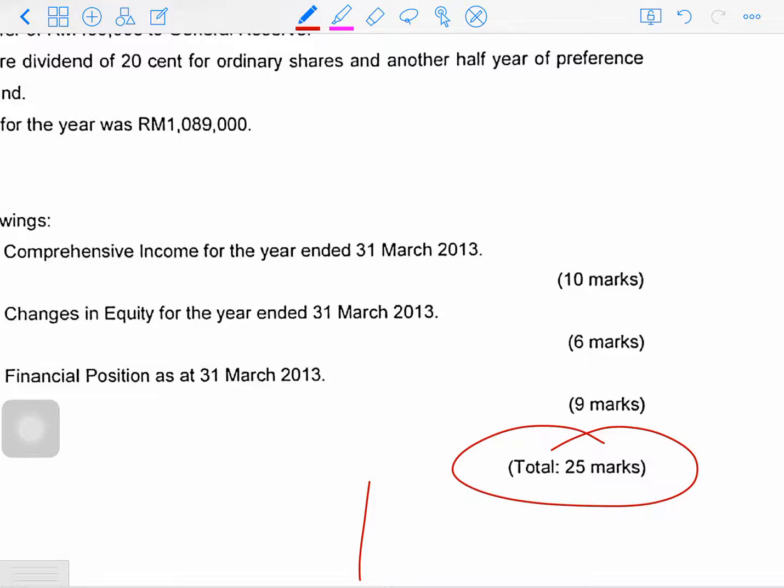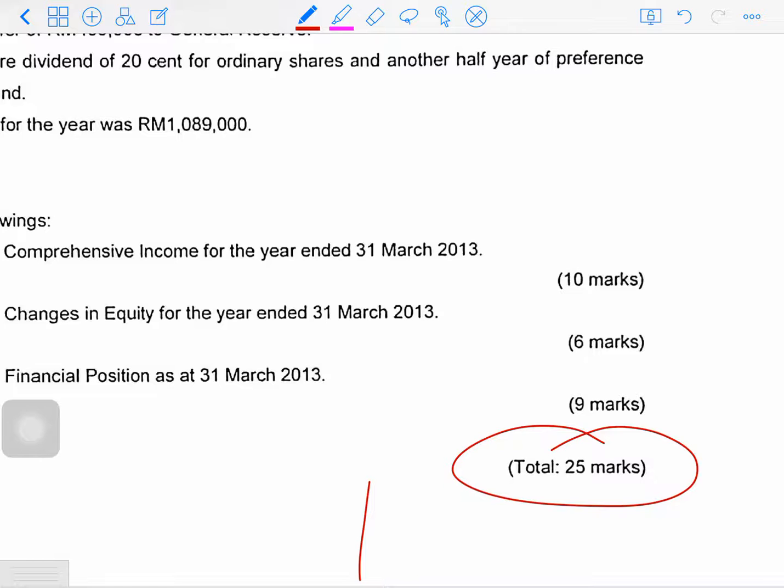So in order to answer this question in your final exam, you start by making a skeleton, or frame, of the statement of comprehensive income. By skeleton, I mean you put in the title of the statement, the year end, and then each item according to the format.